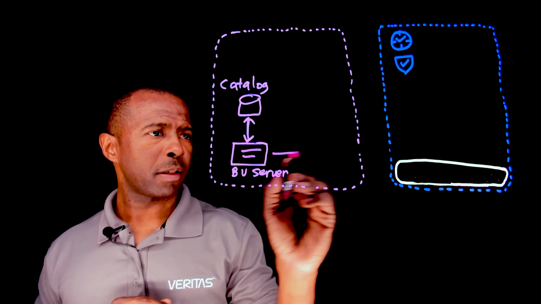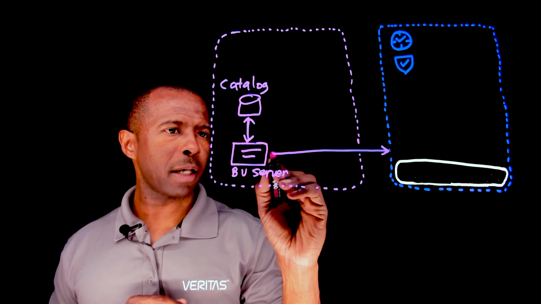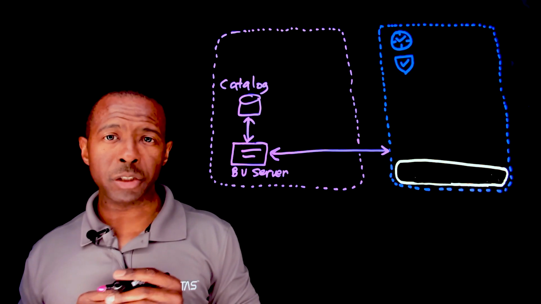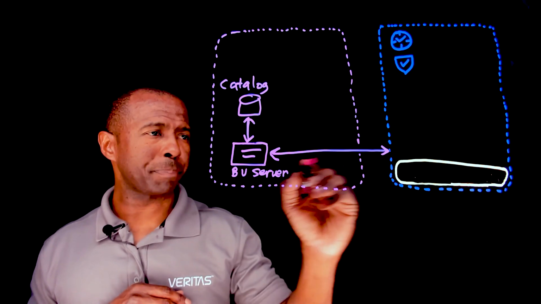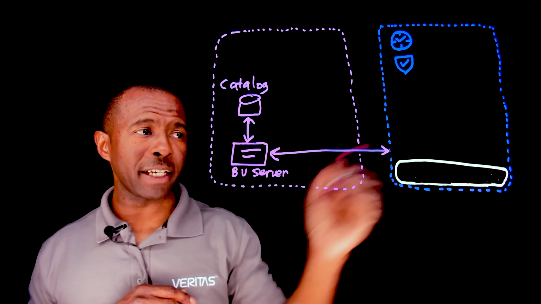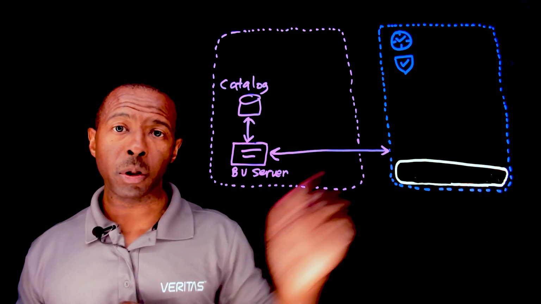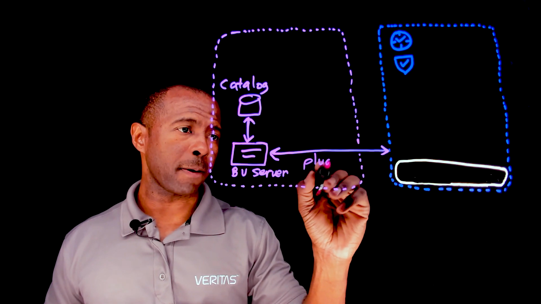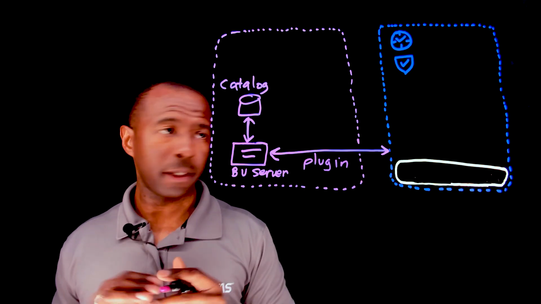And there's also some type of mechanism or replication engine that allows you to copy data or send data over to your recovery site or your secondary site. And let's just call this a plugin.